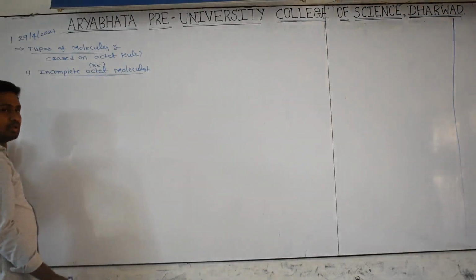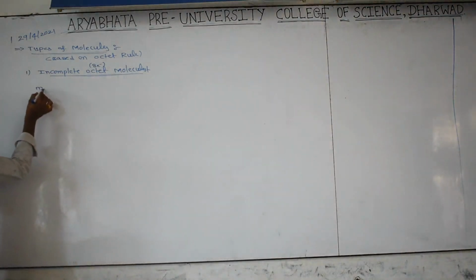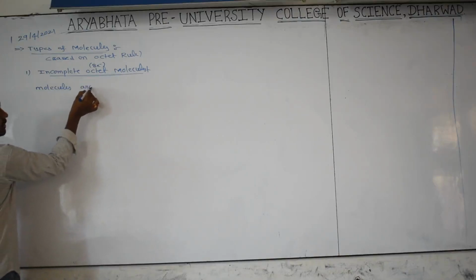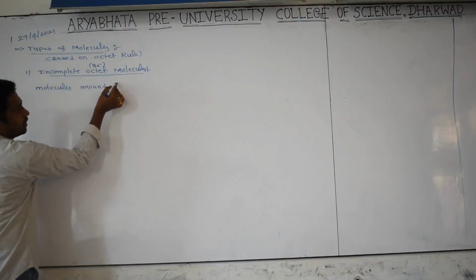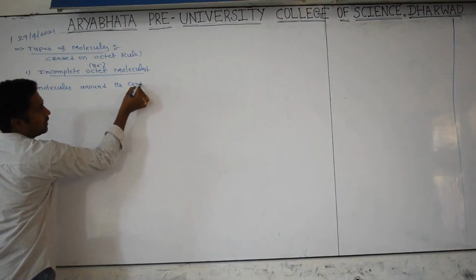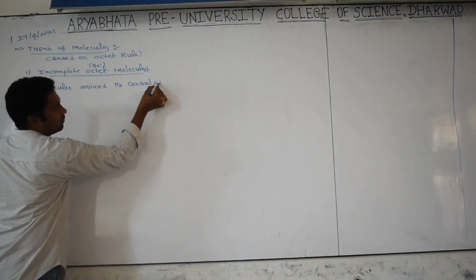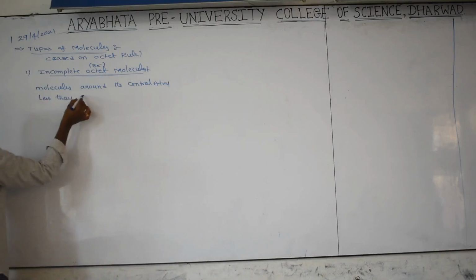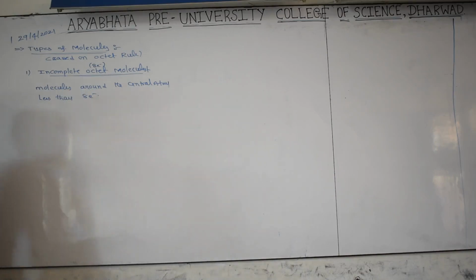Incomplete means a molecule around the central atom we have less than 8 electrons. Less than 8 electrons is called incomplete octet molecules.